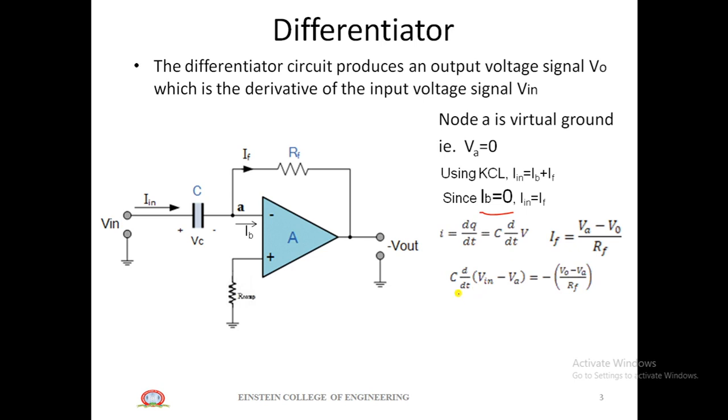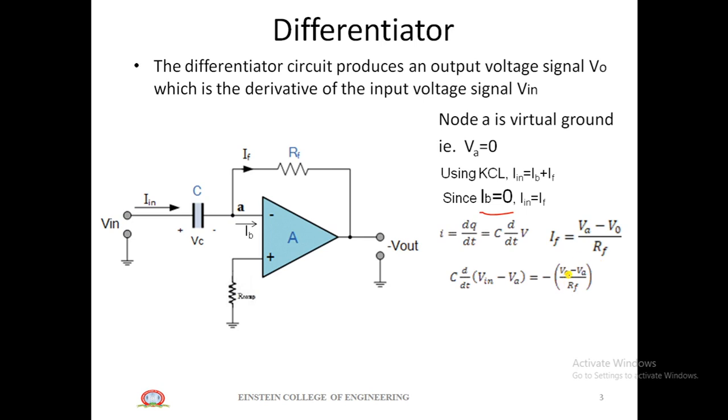So for the current flowing through the capacitor, C dV by dt, the voltage across the capacitance is V in minus VA. So C d(V in minus VA) by dt is equal to (VA minus V0) by RF.